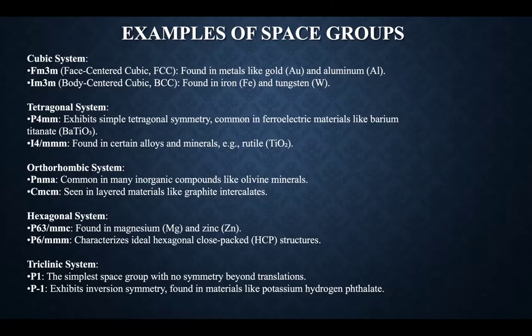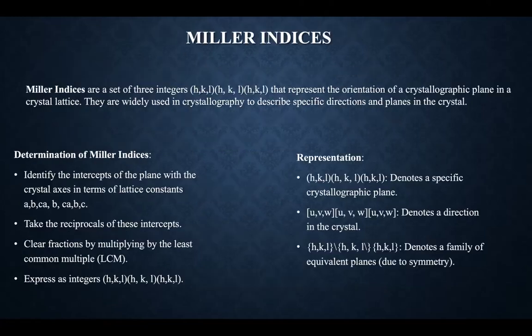In triclinic systems, P1 is the simplest space group with no symmetry beyond the translations, and P-1 has inversion symmetry, found in materials like potassium hydrogen phthalate.